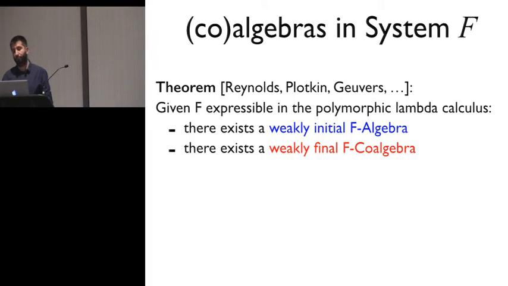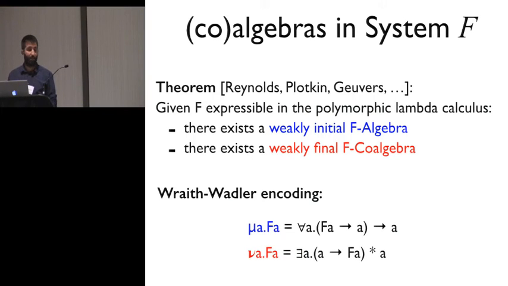So if I refine our research question, it is: can we give the same definition in this other language, the light affine lambda calculus? To answer this question, a natural way is to look at an encoding that gives the theorem that I stated in the slide. And I will take the encoding given by Wright and Wadler that I report here.